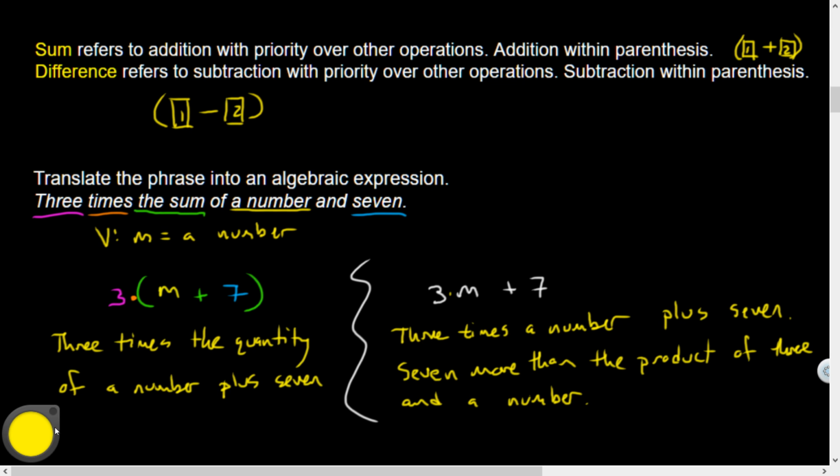If you hear the phrase the quantity, that means this next group is a set. This happens first. So that's a way to describe parentheses without necessarily having committed to which operation you're doing just yet.